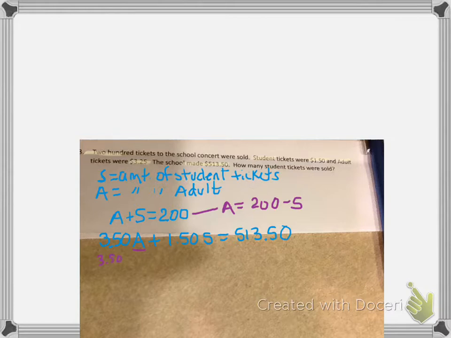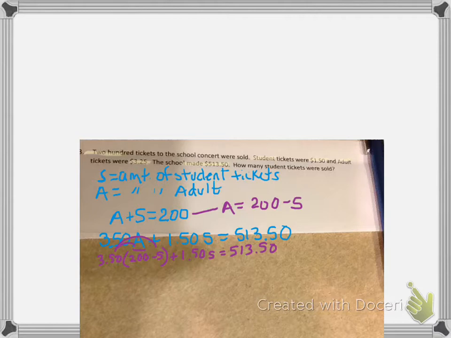So I have 350 times 200 minus S plus 150 S, shouldn't have used S's because they look like my 5s, equals 513.50. So now I can see that I'm going to have to use the distributive property right here.